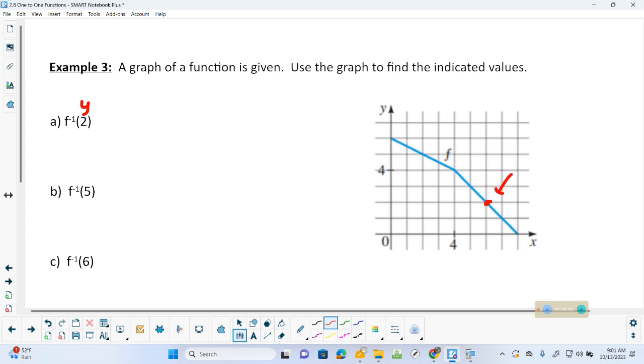What's the x coordinate? 4, 5, 6. Got it. Okay, f inverse of 5. So again, 5 is y right here. So I need the x coordinate. 2. Got it? And what do you have for f inverse of 6? 0. We could do this all day.